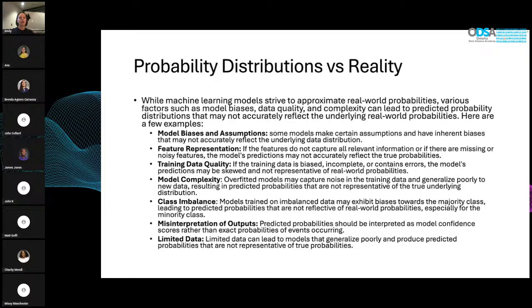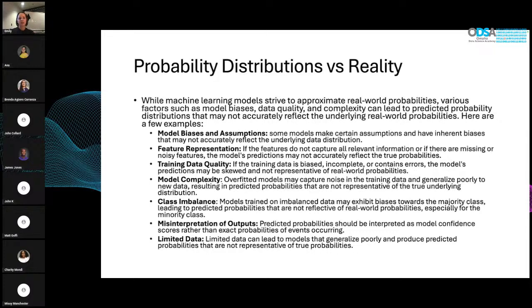If there are assumptions within your model, like the assumptions within linear regression, especially when we're not relying on the law of large numbers and are using smaller sample sets, and those assumptions are violated, then your probability distribution probably won't match reality.